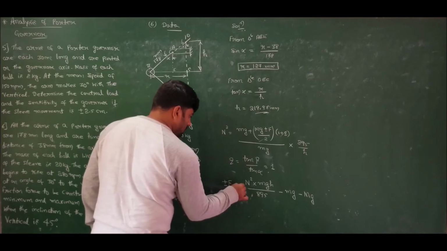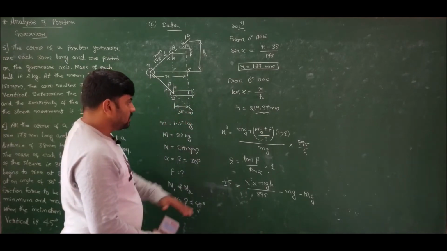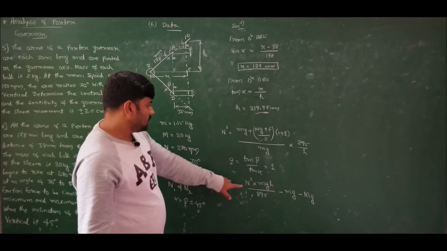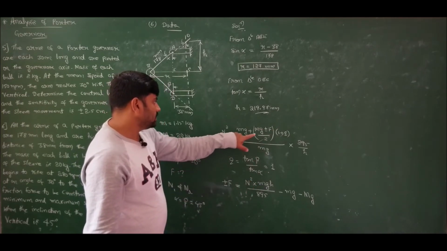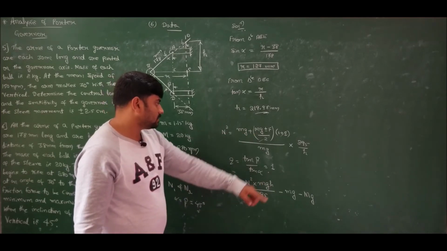Check out once again whether I simplified it properly or not. N square mgh divided by 895 minus mg minus capital Mg.